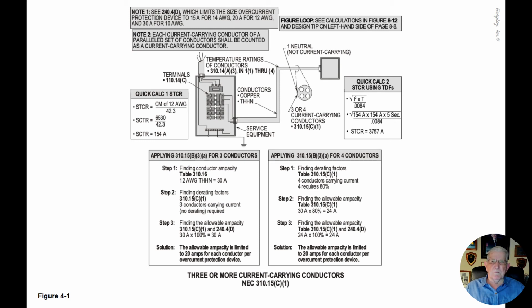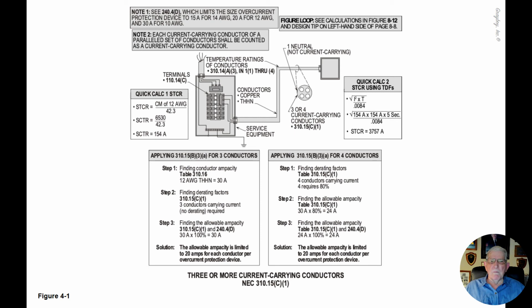Now sometimes test takers want to know how the 0.0084 seconds was obtained. Well, we would take one half clearing time of a time delay fuse times 0.0167, and that's how we would obtain the 0.0084 seconds clearing time.